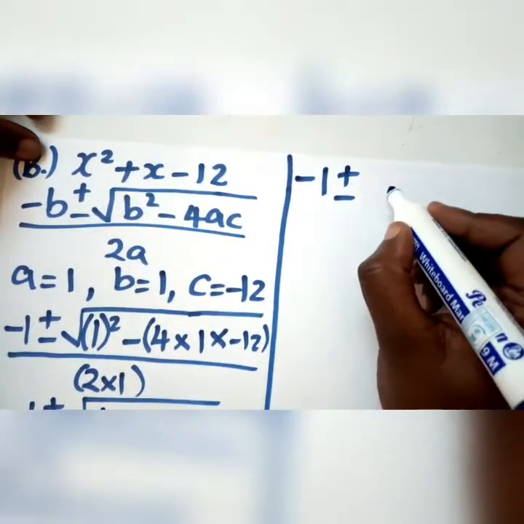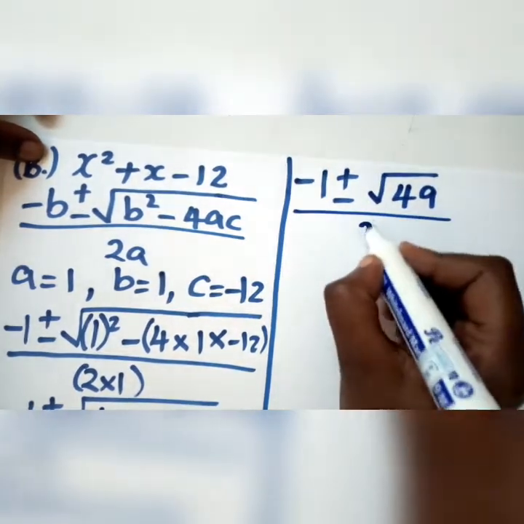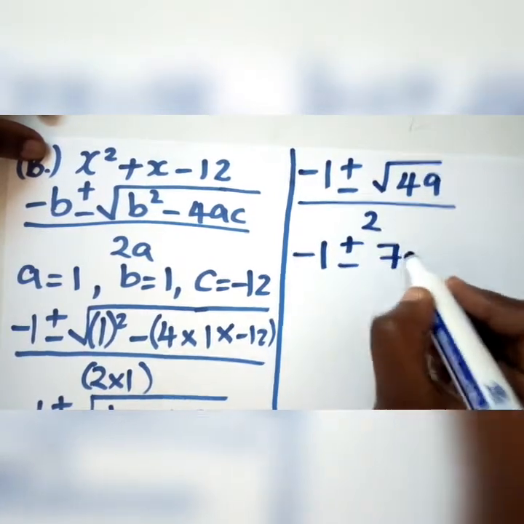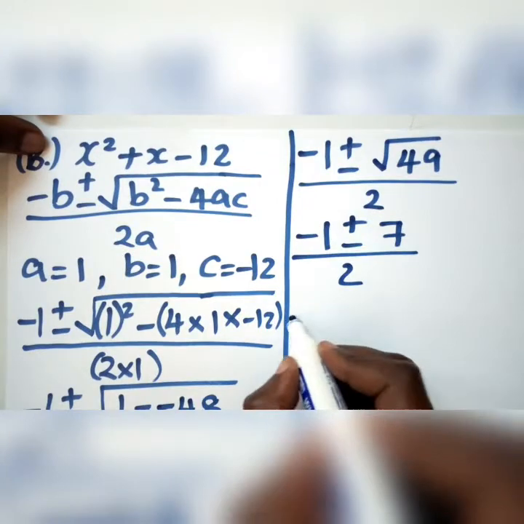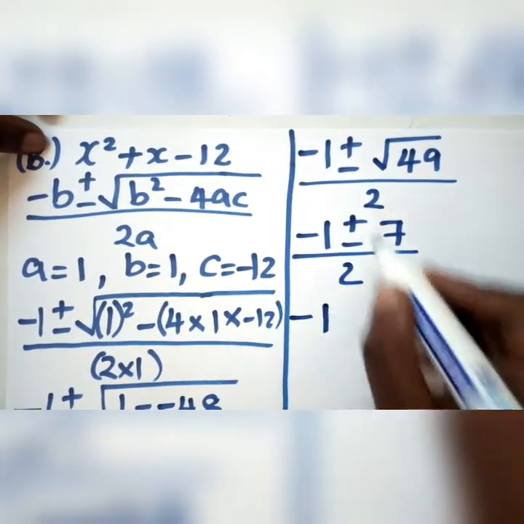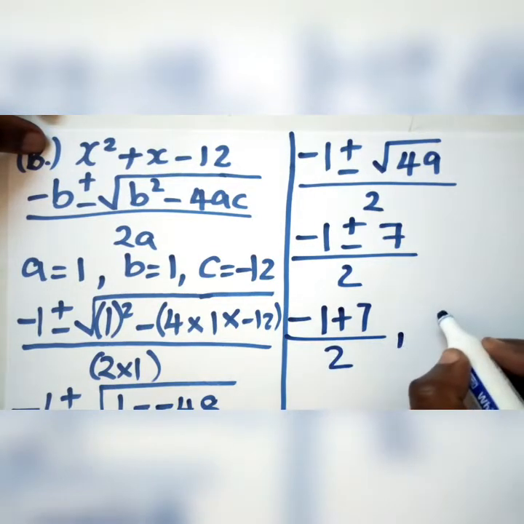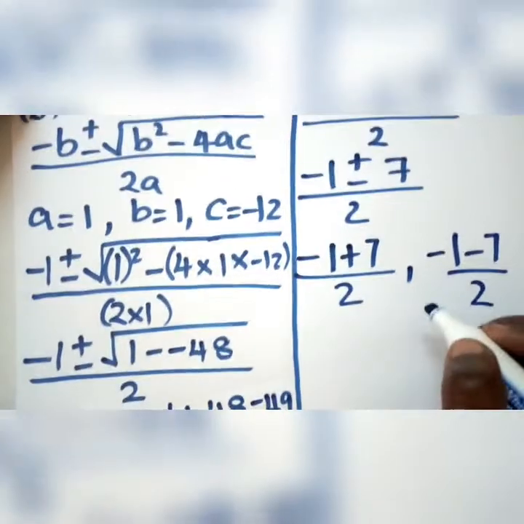So we do square root of 49 divided by 2. So what's the square root of 49? 7 divided by 2. So meaning we have two values. The first value will be minus 1 plus 7 over 2, or minus 1 minus 7 all over 2.